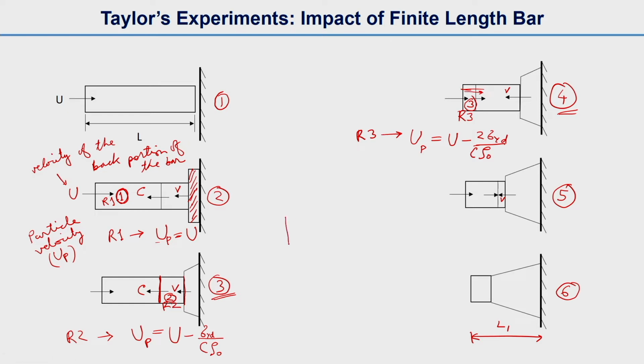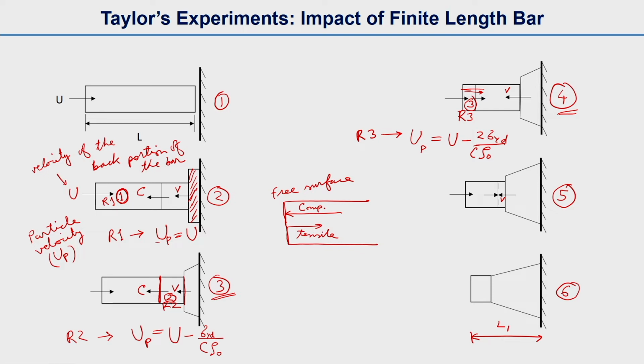Let us draw this in a bigger way. This is the compressive wave, and this is the free surface. The free surface will reflect the wave back, and that will be a tensile elastic wave.